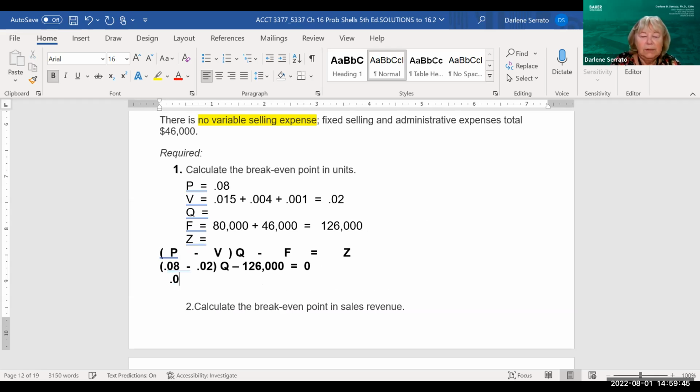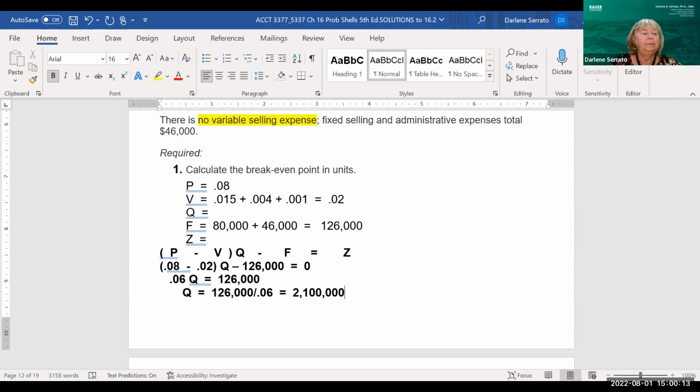So 0.06 Q is equal to 126,000. So Q is equal to 126,000 divided by 0.06. And that should give you 2,100,000.